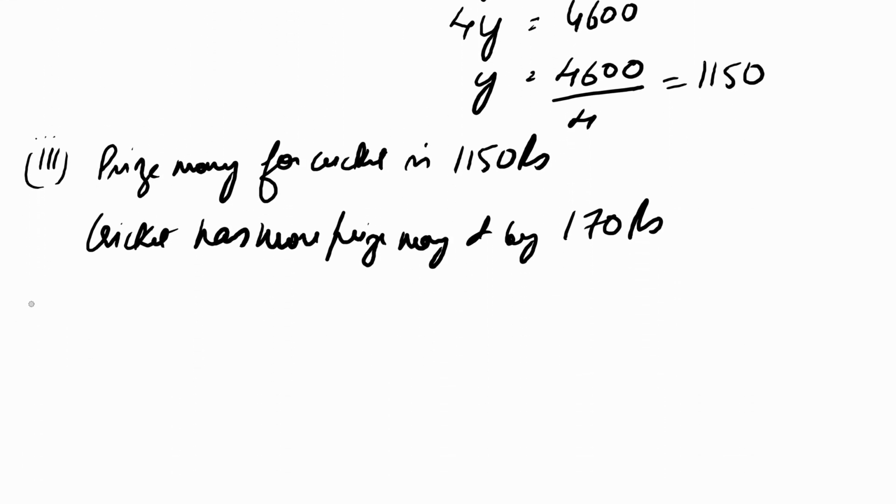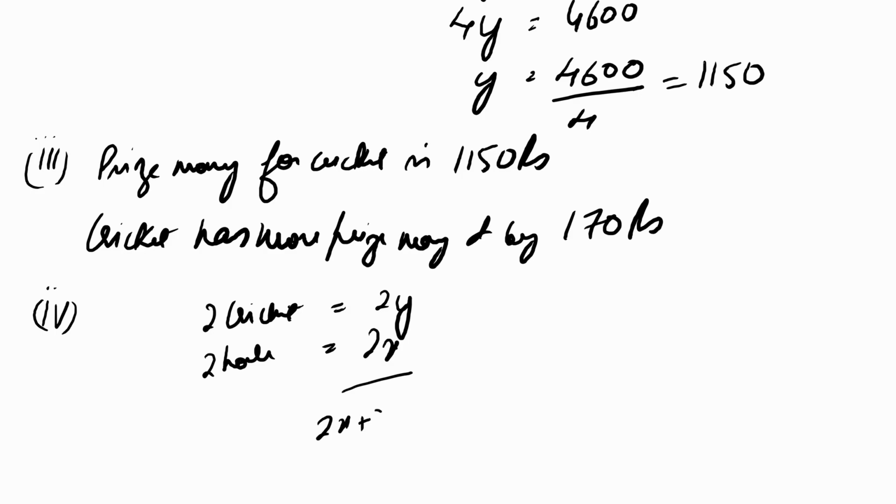For the fourth part, if we take, prize money for 2 cricket will be 2y and 2 hockey will be 2x. So we will do 2x plus 2y.